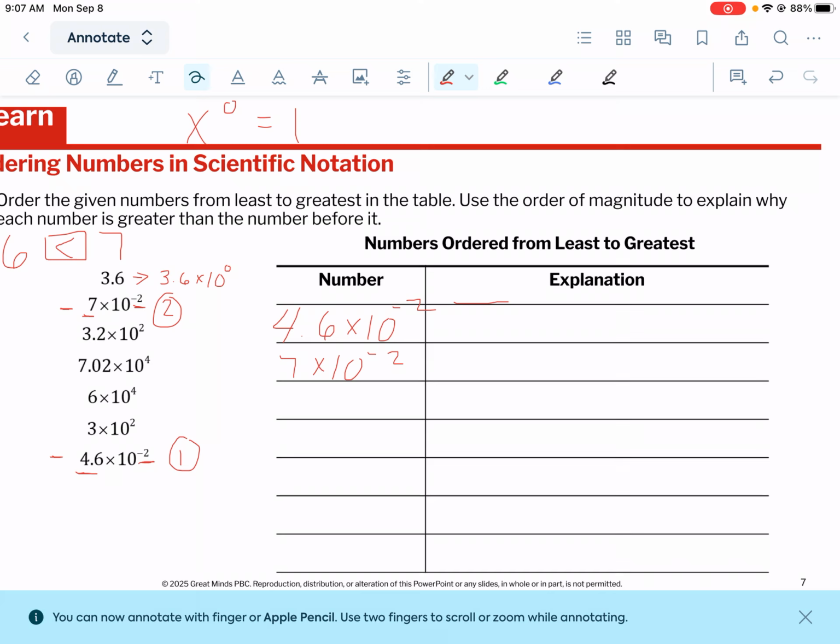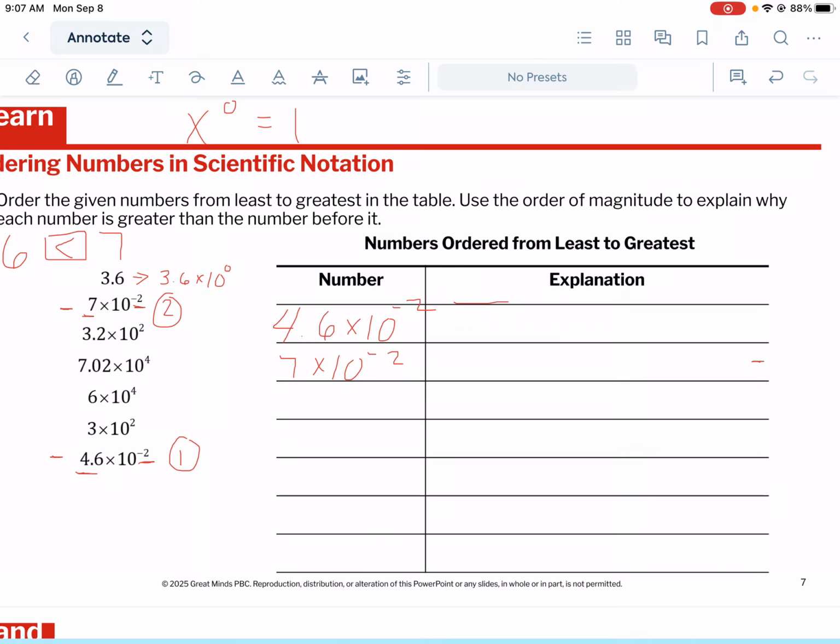That is your explanation for number 2 right here: that though the exponents are both negative 2, 7 is greater than 4.6. I would type all that out for you, but I'd be here for the next 10 minutes, so I'm not doing that. Moving along.